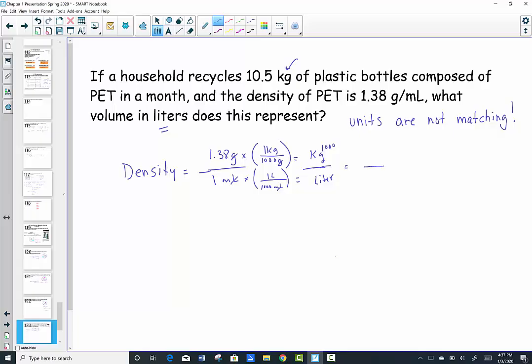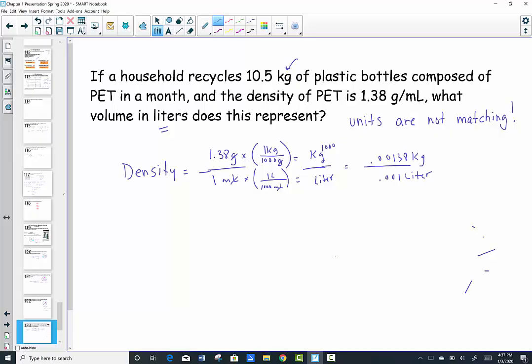So if I take 1.38 divided by 1,000, I want to move the decimal place 3 spots to the left. You get 0.00138 kilograms. And you want to take 1 and divide it by 1,000, going 3 spots to the left: 0.001 liter.